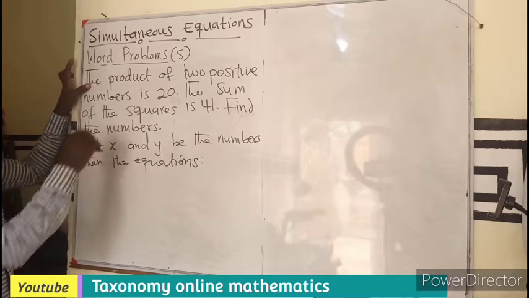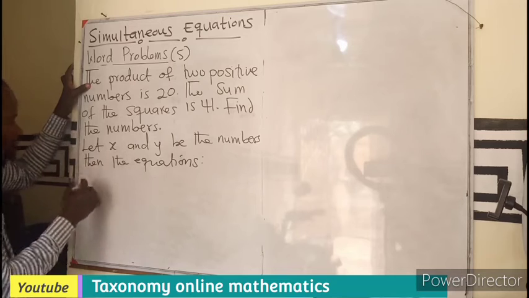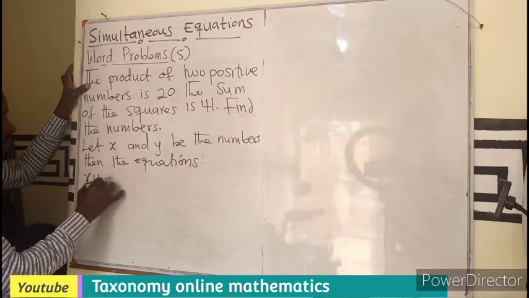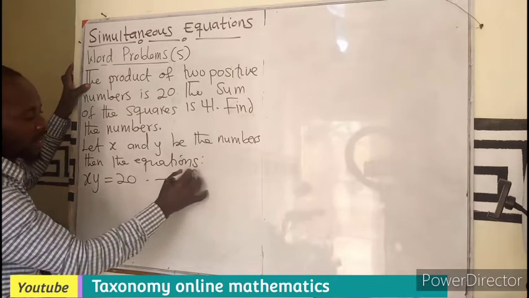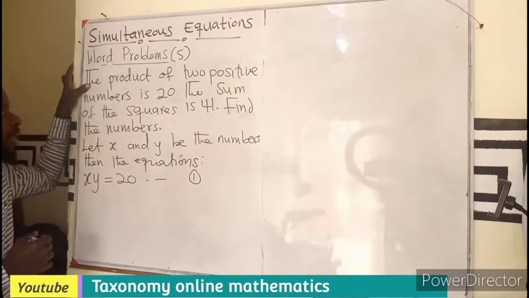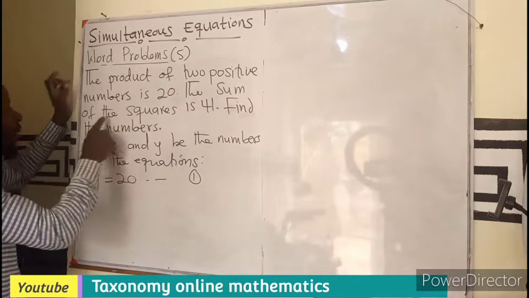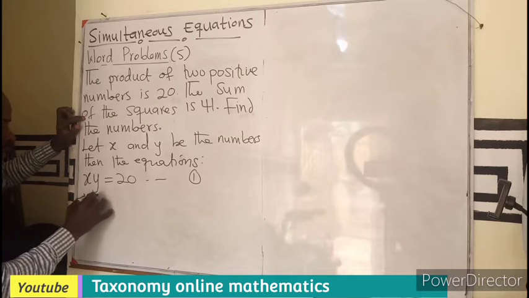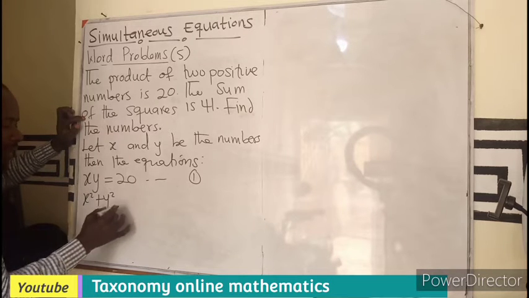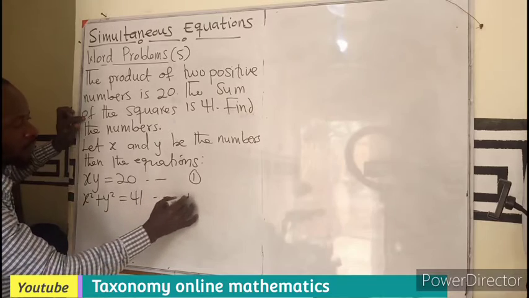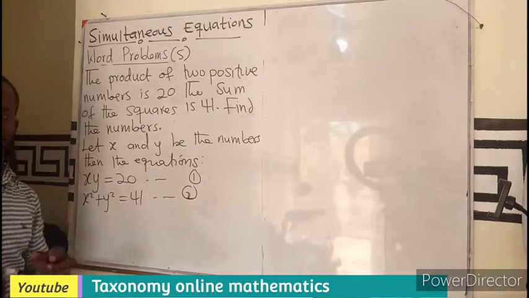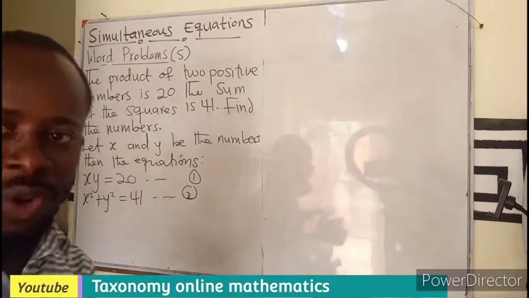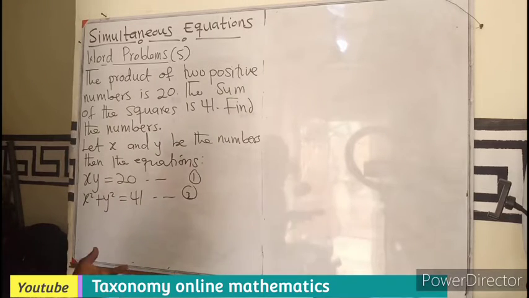They say that the product of the numbers, meaning x times y, should give us 20. That gives us the first equation. Then the sum of the squares of the numbers, meaning the square of x plus the square of y, should also give us 41. So these are the two equations we can generate from the question.